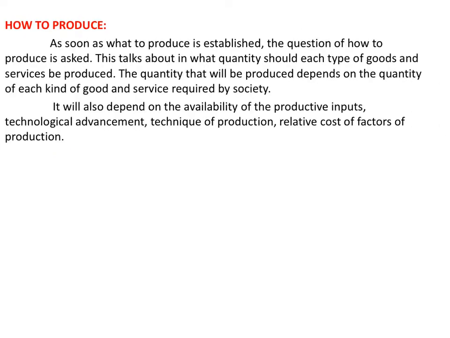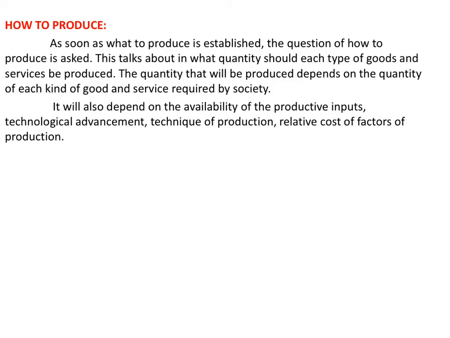The second major economic problem in society is the question of how to produce. As soon as what to produce is asked and established, the question of how to produce is then asked. The question of how to produce talks about in what quantity should each type of goods and services be produced.